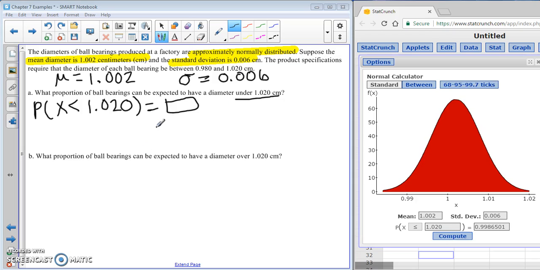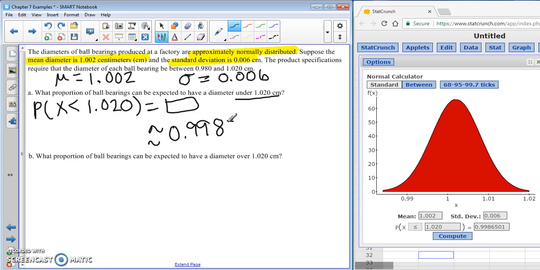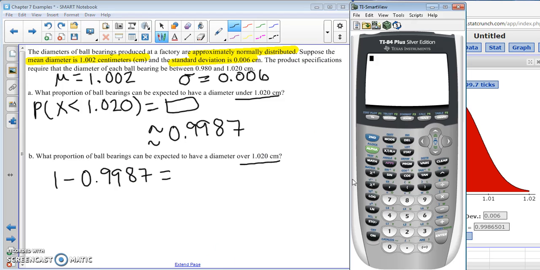So this is approximately 0.9987. And now we want to know over 1.020. So what we can do is do 1 minus 0.9987, which is one way to get our answer.